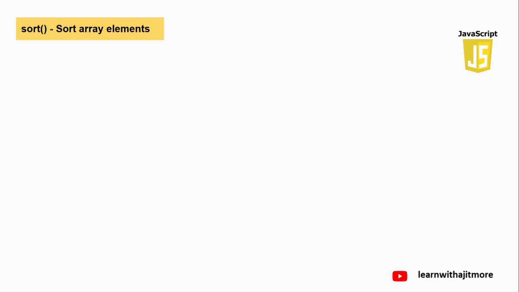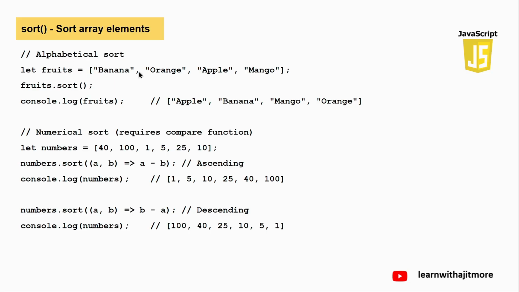Sorting is a process of arranging elements in the array in some order. Now that order can be increasing order, that is ascending, or decreasing order, that is descending. So by default, it is going to sort in ascending only. See, let fruits equal to this list, an array of strings, and then I'm writing fruits.sort. And it is in-place sorting. In-place sorting means, understood? It will do sorting in which manner?